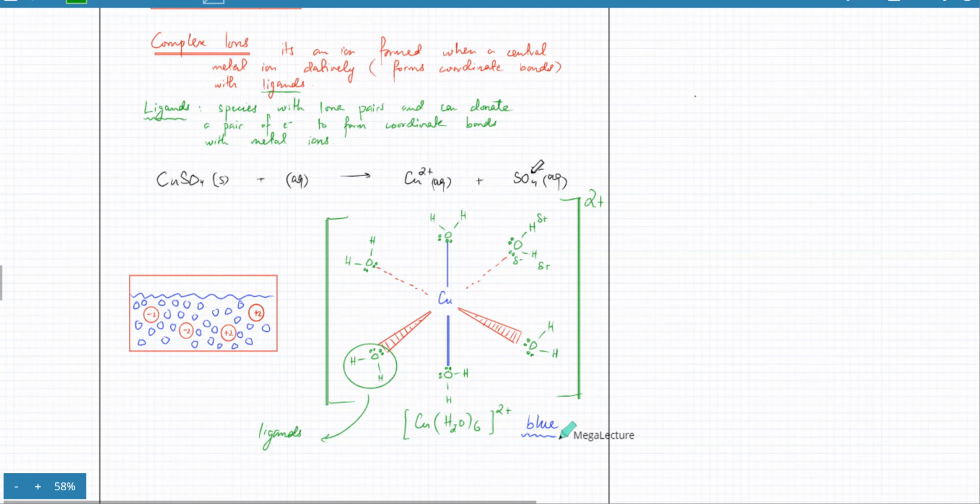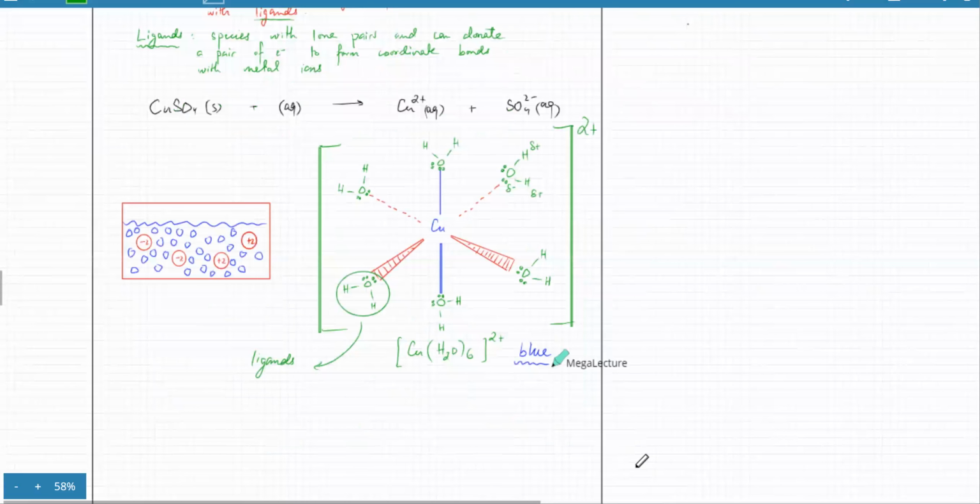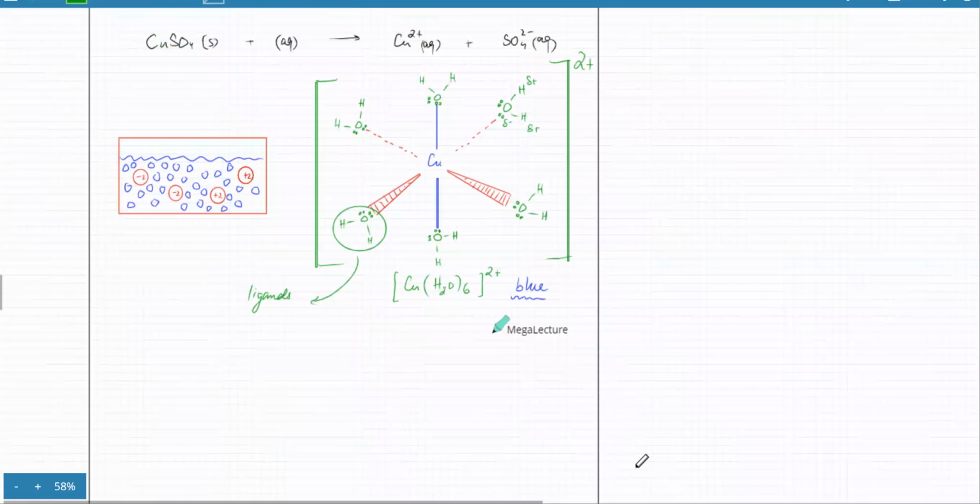Sulfate has nothing to do with the color of the compound. We're not going to talk about sulfate here; we're just focusing on what the copper ion is doing in the solution, because we are studying transition metals right now. Like this, you must know the names of the complex ions, and the shape as well. This one is an octahedral complex.